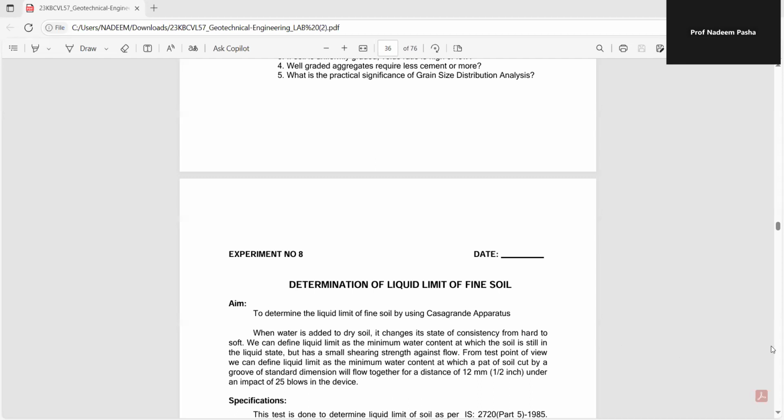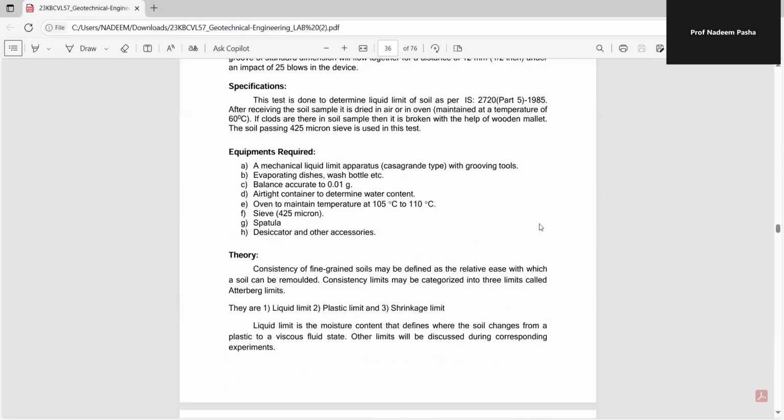This test is done to determine the liquid limit of soil as per IS 2720 Part 5, 1985. After receiving the soil sample, it is dried in air or in an oven maintained at a temperature of 60 degrees Celsius. Clots in the soil sample are broken with the help of a wooden mallet. The soil passing through the 425 micron sieve is used in this test.